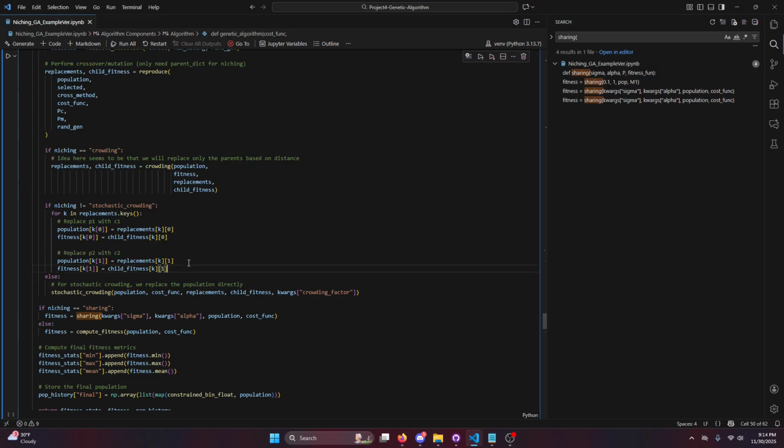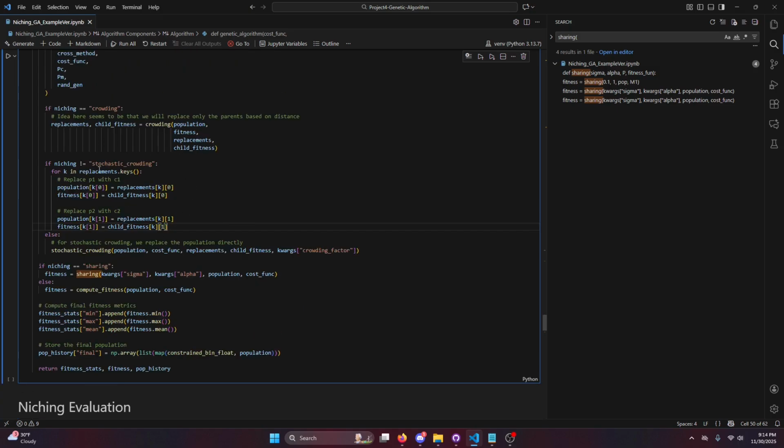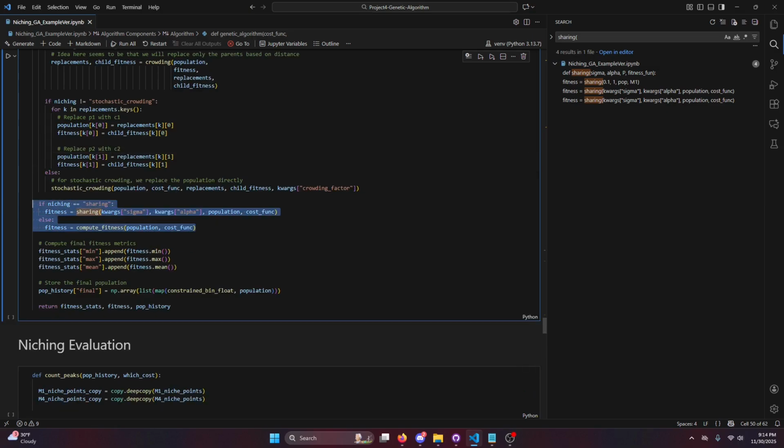It provides better results. But yeah, this just picks whatever niching method we're using. If we're using stochastic, then we do an inherent replacement in our helper function. Otherwise, we do our normal replacement. And then at the end, we compute our final fitness for the final value and return our fitness statistics.